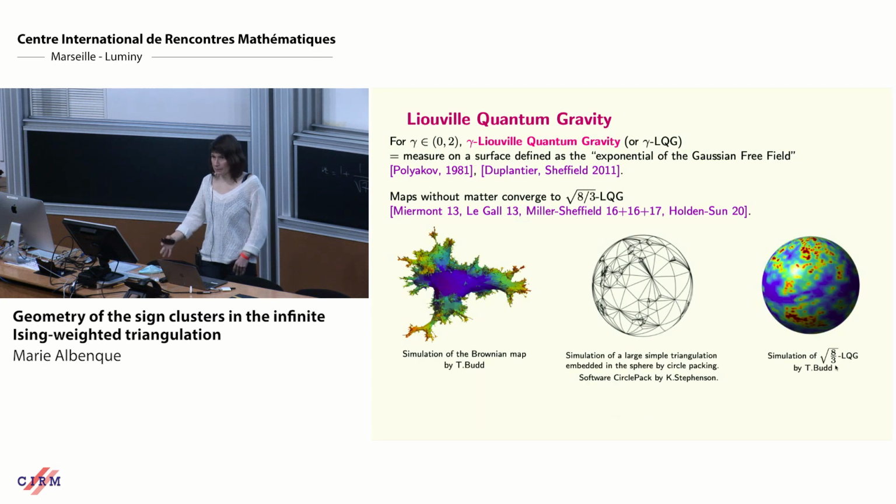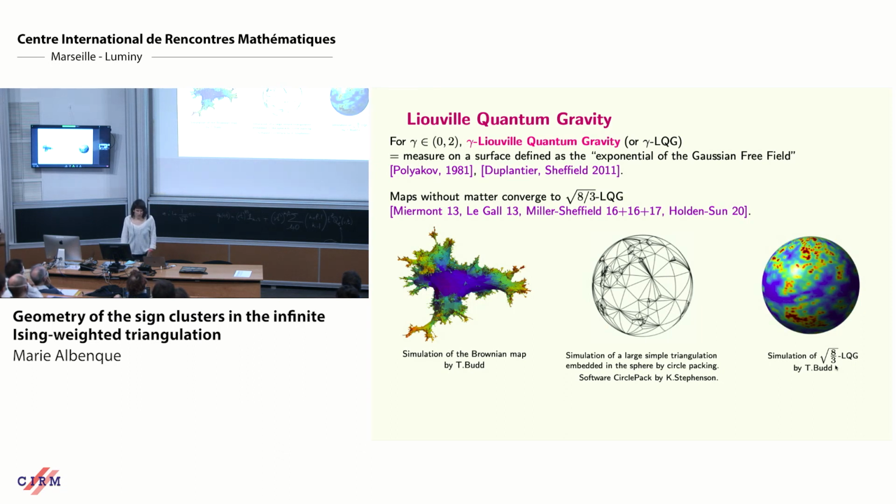And uniform maps, uniform triangulations without matter, converge to the square root of 8/3 Liouville quantum gravity. I'm not going to recall all the steps of this result, but it started with the work of Grégory Miermont and Jean-François Le Gall about the convergence of rescaled maps, the fact that the scaling limit of maps is the Brownian sphere, and then the characterization by Miller and Sheffield, the correspondence between the Brownian map and the square root of 8/3 Liouville gravity.